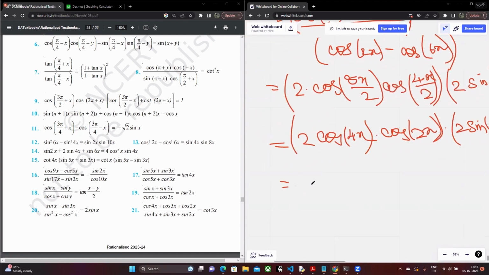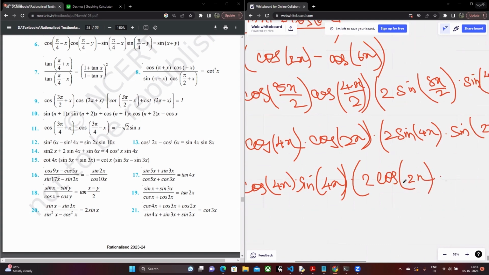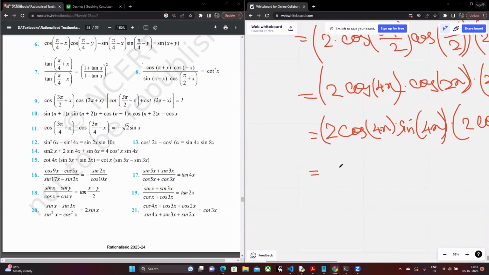This is equal to the collection of 2 into cos of 4x into sine of 4x, into the collection of 2 cos of 2x into sine of 2x, which is basically sine 8x into sine of 4x, which is the right hand side.